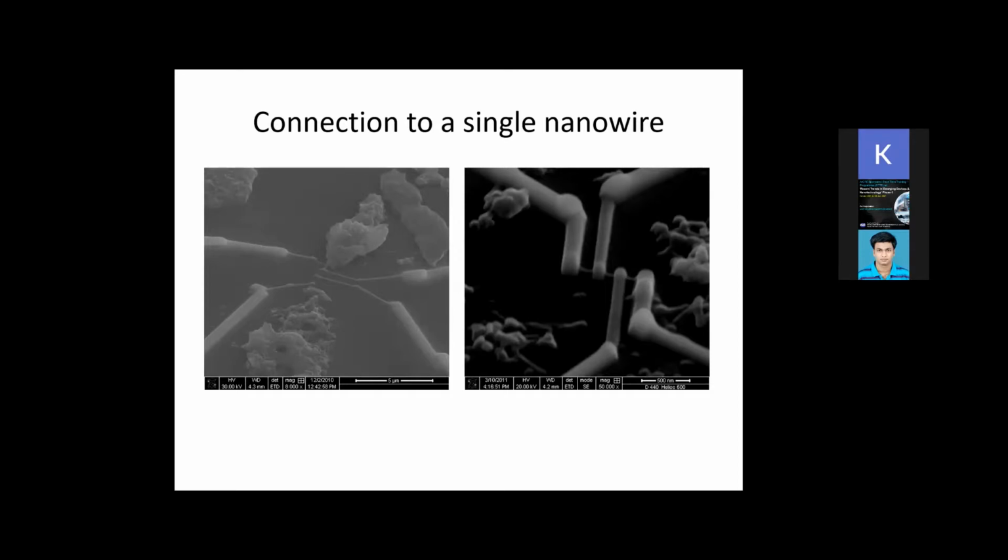However, in this type of application, it will not be a problem because you are just depositing for a small portion. You are not making these leads for long. You actually have deposited gold or maybe platinum using photolithography, and then you have made the electron beam lithography contacts, but maybe due to some lithography problem you have afterwards checked that your main connection doesn't make contact on the nanowire.